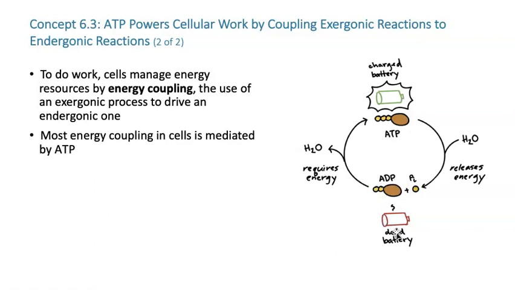That's our dead battery. If we want to recharge that battery, we have to put this phosphate back on the end. We're building something, so it does require energy to do this, and we'll talk a little bit about how that happens later. But when it does happen, you've got your charged battery again.